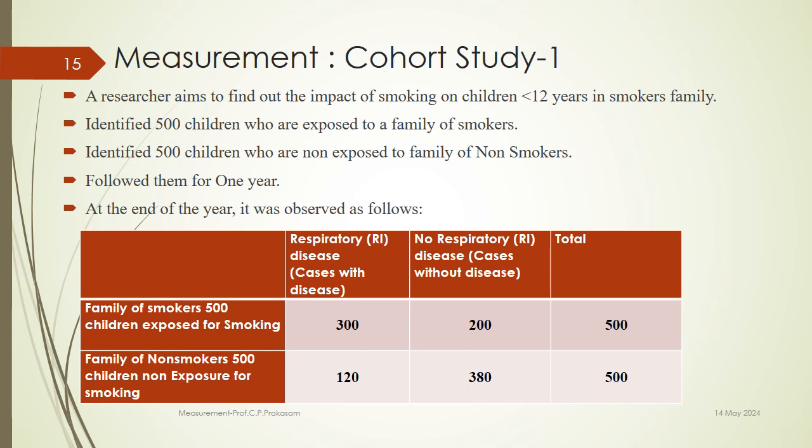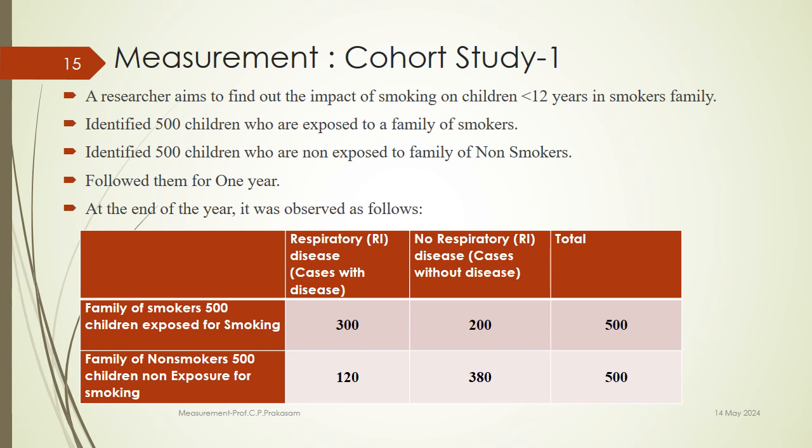A researcher aims to find out the impact of smoking on children of less than 12 years in a smoker's family. He identified 500 children exposed in families of smokers, and another 500 children not exposed, in families of non-smokers. That means he is finding the effect of the cause, which is causing respiratory diseases. He followed them for a 1 year period.